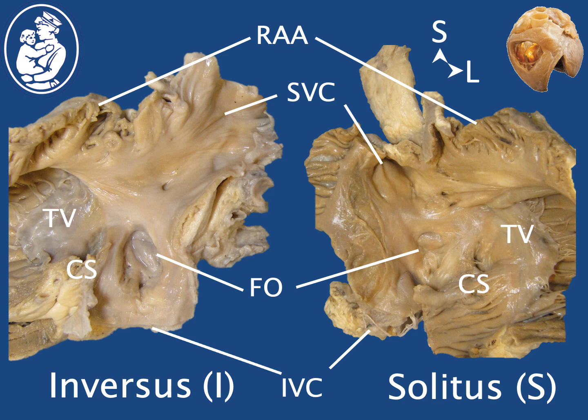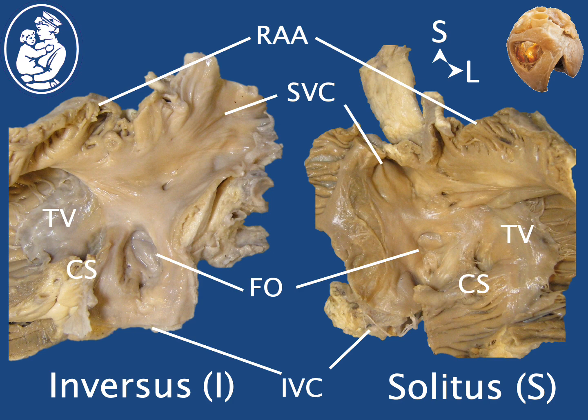We can illustrate this point with the opened right atrium of a heart with situs solitus atria and another heart with inverted atria. We can use the fossa ovalis as a point of reference in both of these hearts.